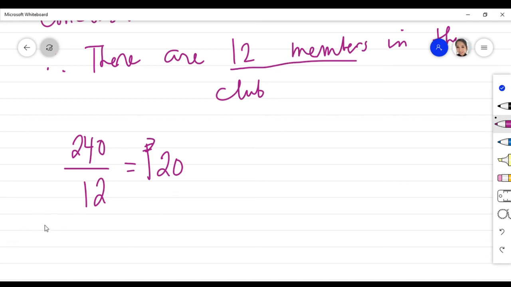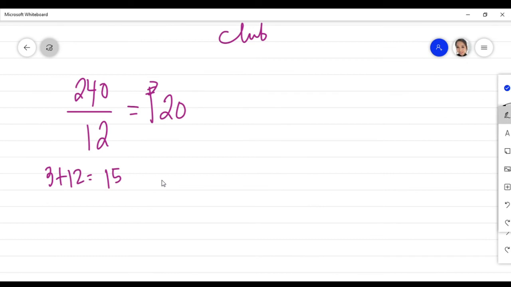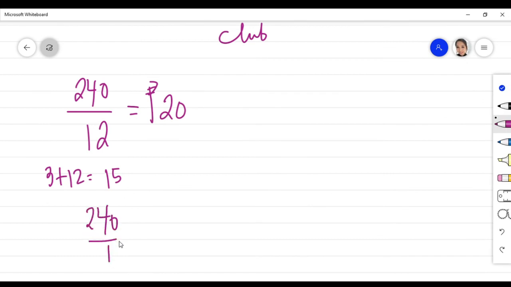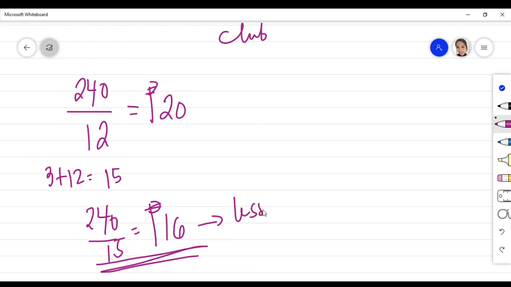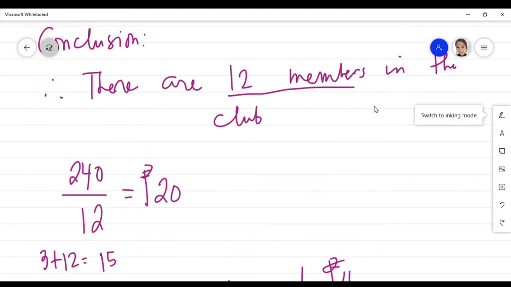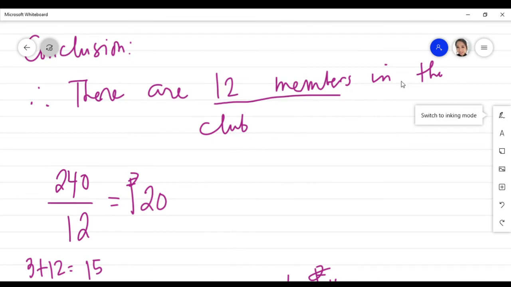Then 3 plus 12, that is 15 members. How much will they be contributing? 240 divided by 15, that is equivalent to 16 pesos. So obviously, this one here is lesser by 4 pesos, right? So we got the right answer that there are 12 members originally in the club.